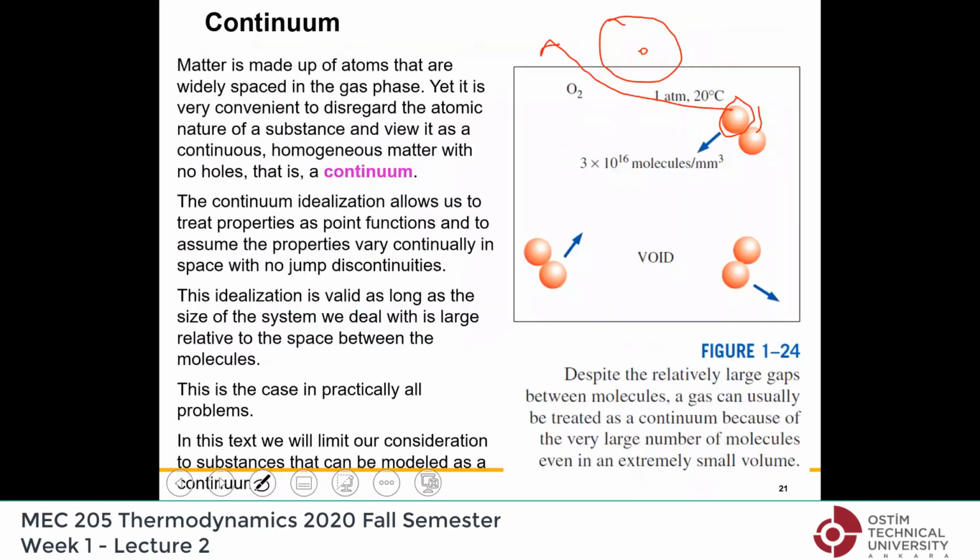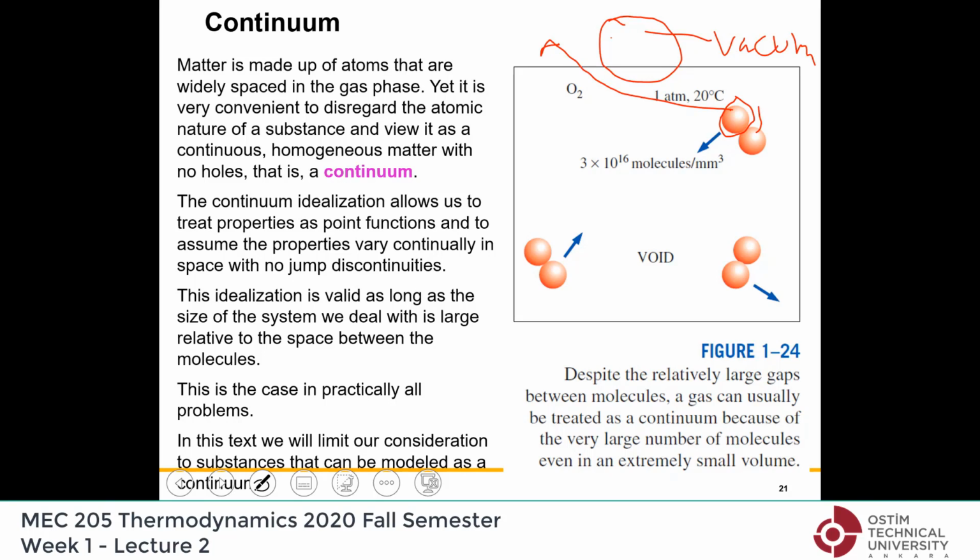And then this is vacuum. And when we say temperature, where is the temperature that we are measuring? If you consider the atoms like this, you cannot get anywhere.